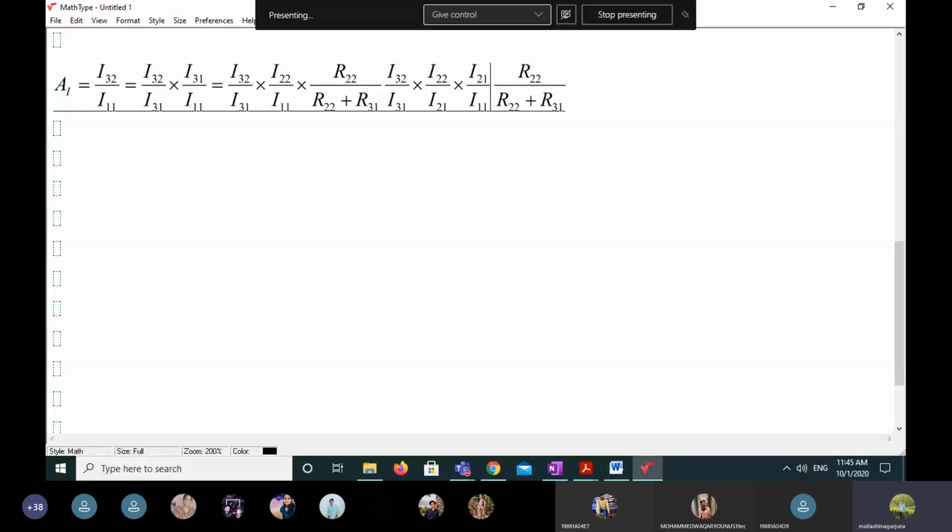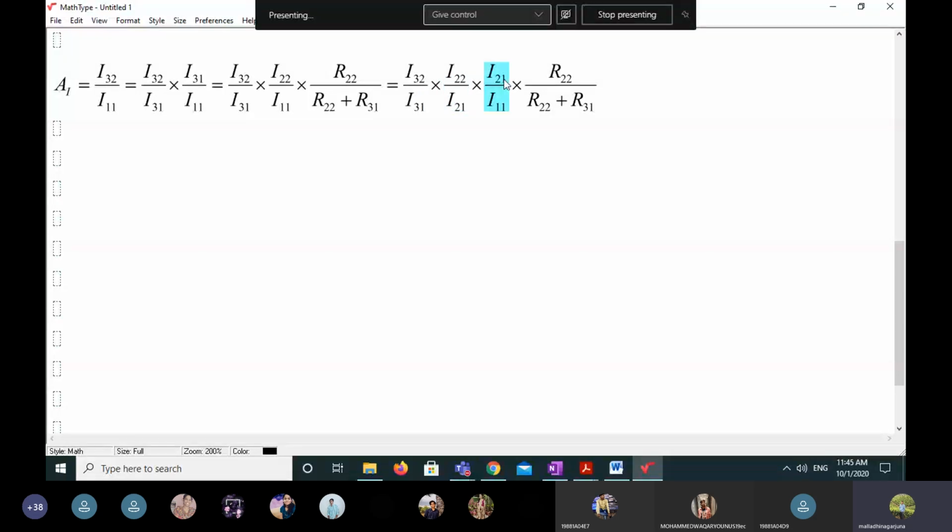So this parameter, I22 by I21, I21 cancels, again I22 by I11, I will get the same term, there is no change. So simply you can write: this is the current gain of the third stage I32 by I31, and this is the current gain of the second stage I22 by I21.